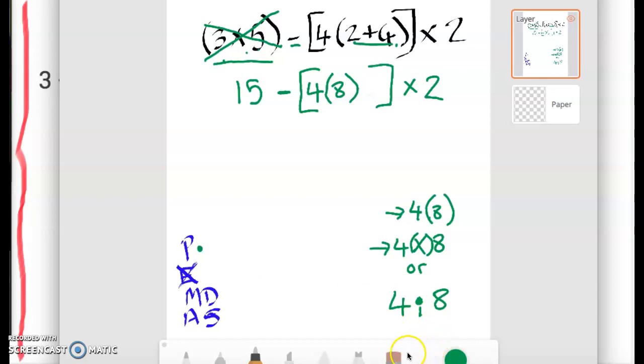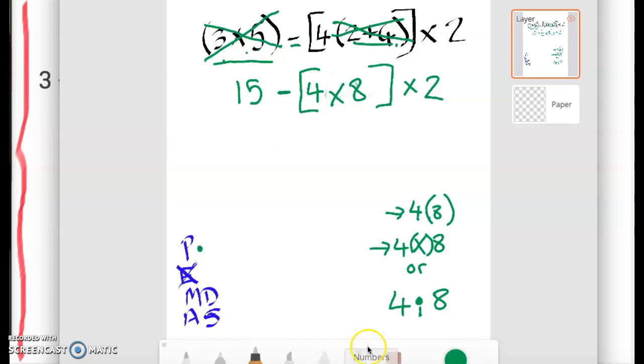For the sake of learning PEMDAS, I'm going to do it the way that we know and feel comfortable with so you don't get too confused. 4 times 8. My 2 plus 4, I can cross that out because I used that, and that became 8. 4 times 8, I know it's multiplied because it was up against the parentheses. I brought down my times 2, and I brought down my 15 after I solved it.